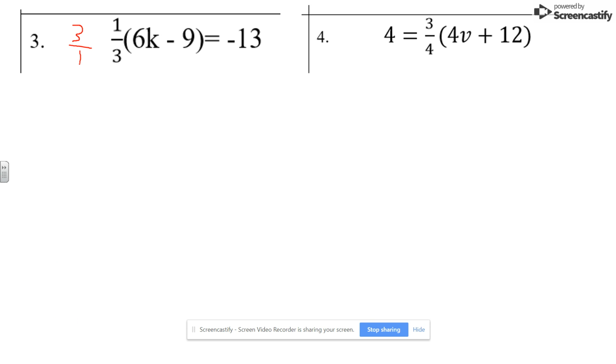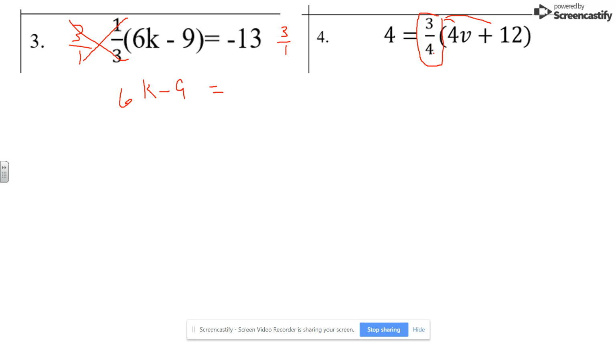Be careful though. You only need to multiply each side by 3 one time. Multiply this by 3. 3 times 1/3 leaves you with 6k minus 9. Don't take 3 and multiply times everything inside. And multiply over here and you get that value. Again, it sort of comes back to what do you want to get rid of? So like if I want to distribute this, I can.